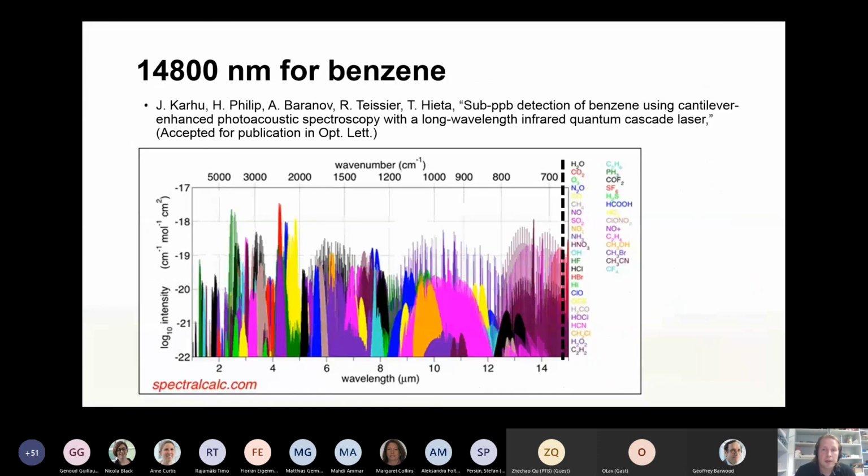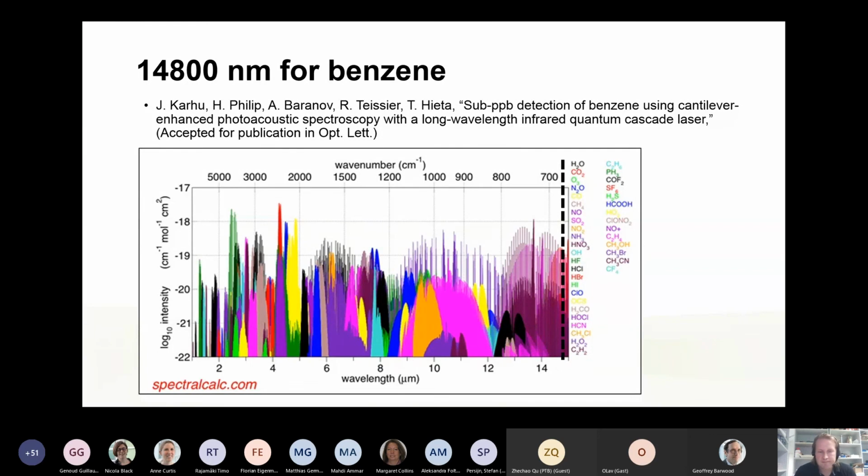And this will be the last one. I almost again fell off from the x-axis, but not quite. This last example uses what I would call, or some others would also call, long wavelength QCLs for detecting benzene.